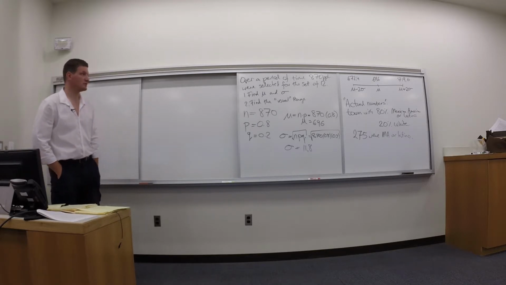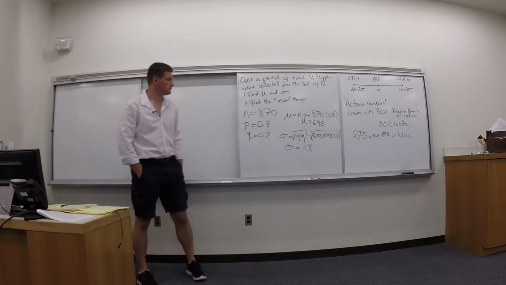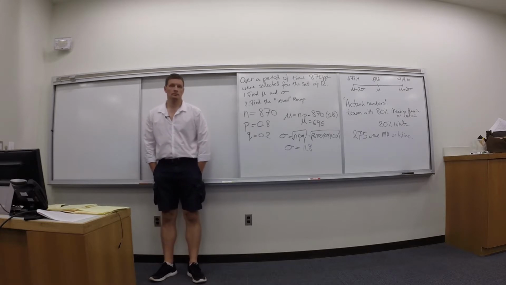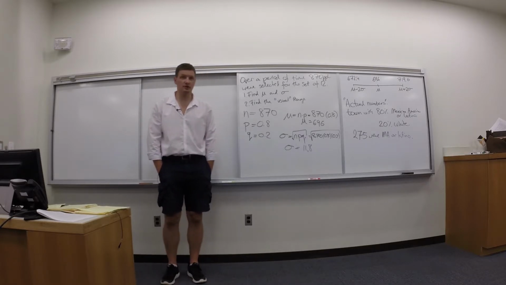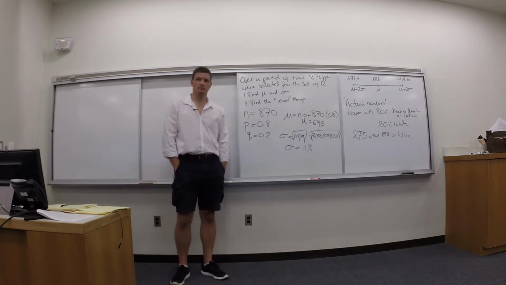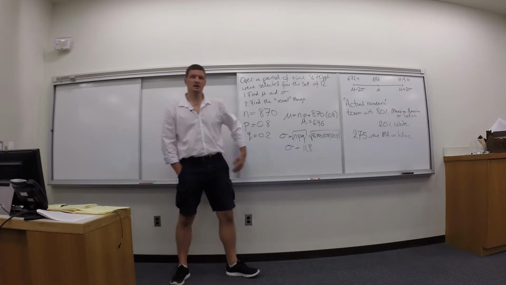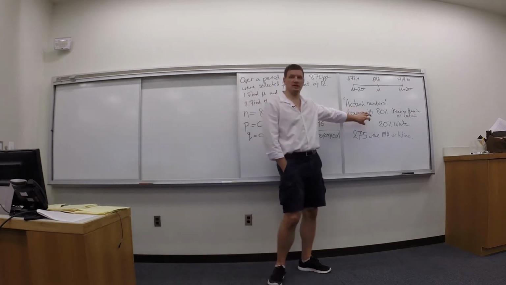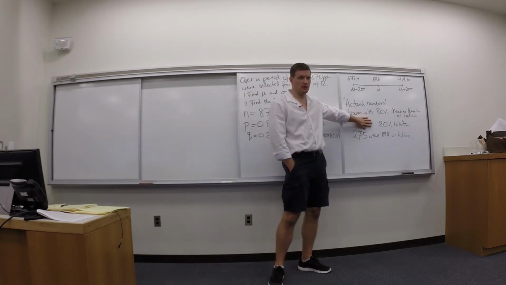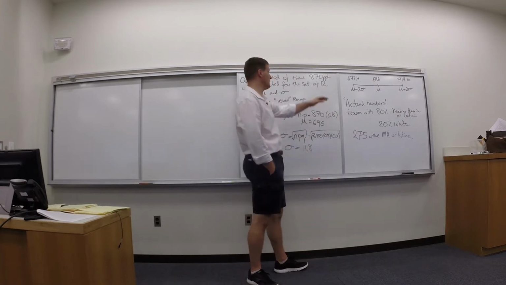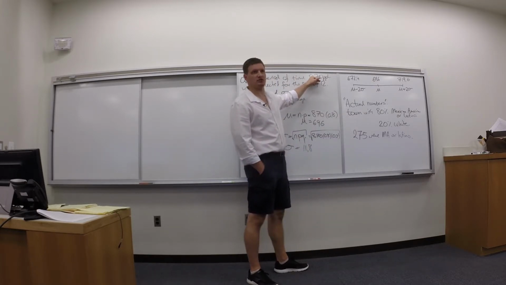What do you do with this piece of information? That's the medium, right? 275. No, this is the actual number. I'm trying to figure out, I have a town that has the same composition it had before, right? And I'm telling you that over 10 years they picked 870 jurors.